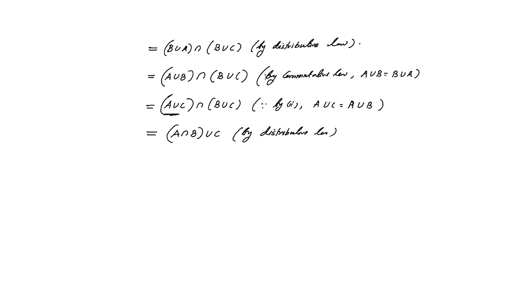What we have to show? We have to show this will be C, and in that case we will prove B equals C. So A intersection B, that we can write again as A intersection C union C. Why?